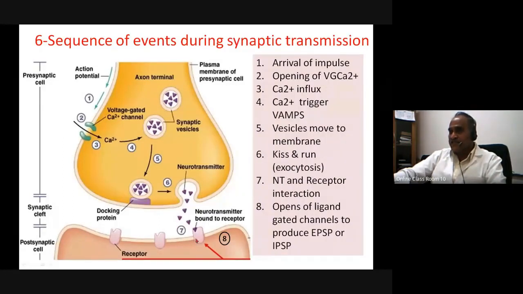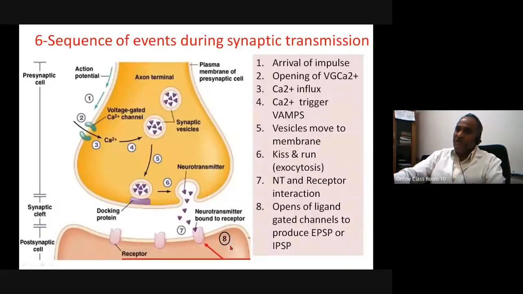Now the neurotransmitter gets attached to the receptor, the neurotransmitter and receptor interaction. That is the 7th. And then the neurotransmitter receptor interaction opens up the ion channels, or ligand-gated ion channels.